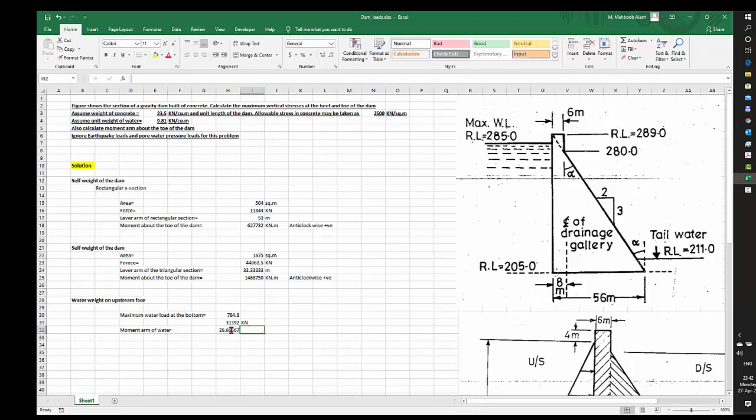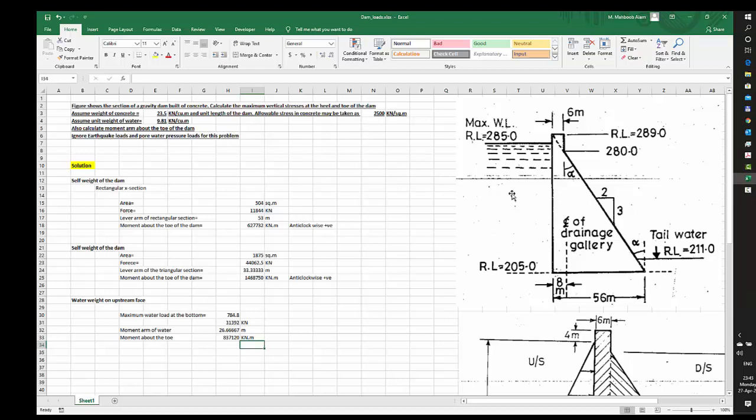So this is in meters, and if I'm now calculating the moment about the toe, I have to multiply these two values, this multiplied by this, and I'll get a value in kilonewton meters. Fine.